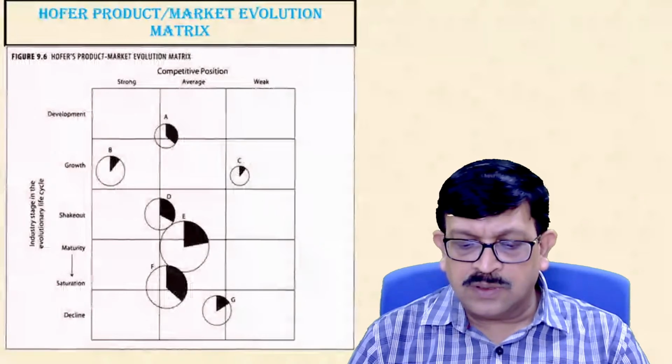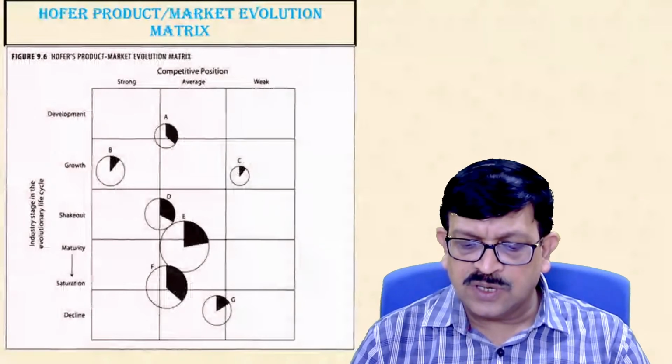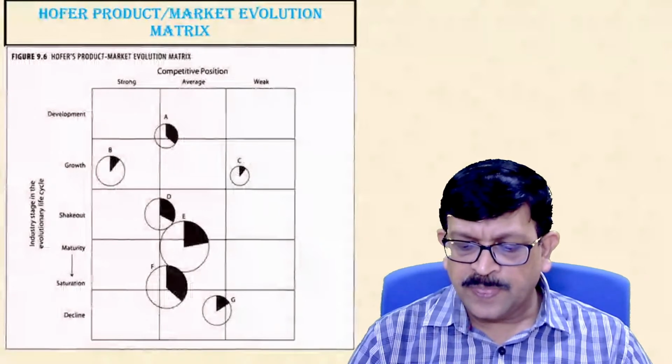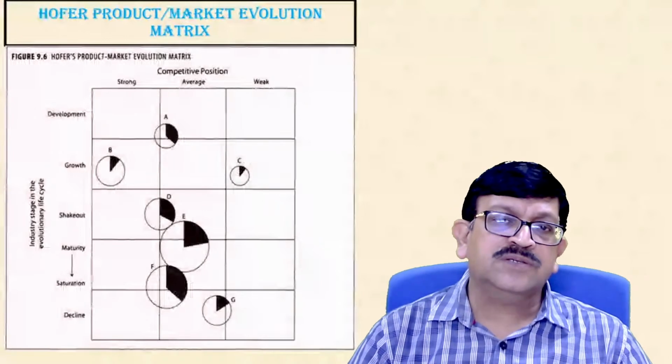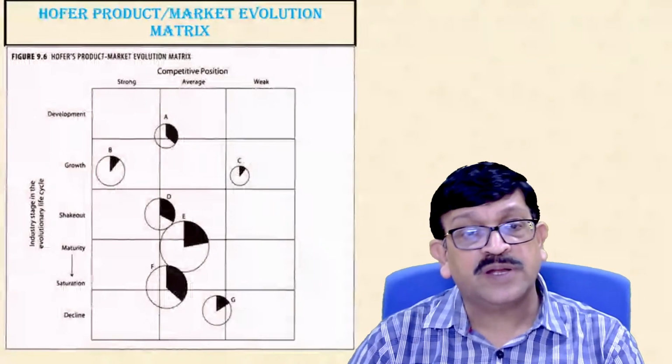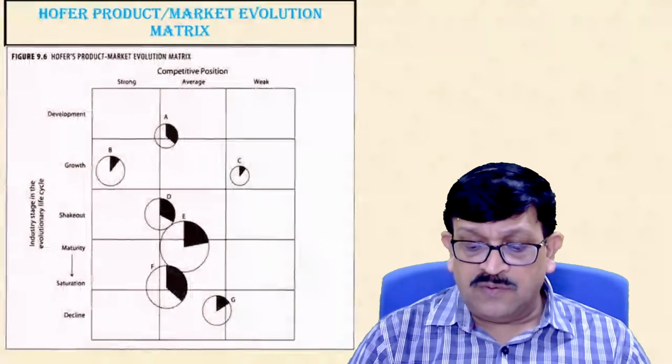So these are the few things which look into the robustness of this particular matrix. It has multiple activities, not only in terms of decision making and competitiveness, but it scans across various things.